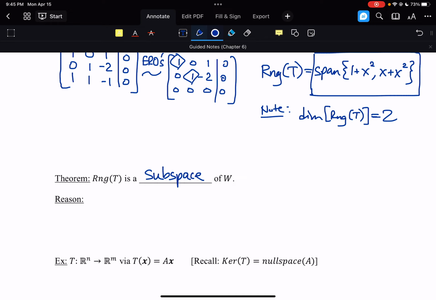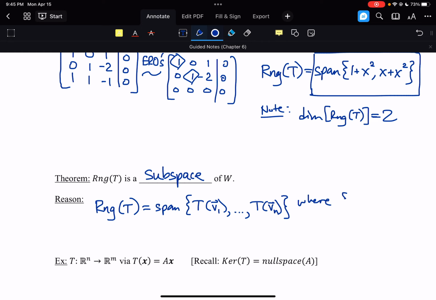The kernel contains elements from V. The range contains elements from W. So the range is the span of T of V1, etc., up through T of Vn, where V1 through Vn is a basis for V.